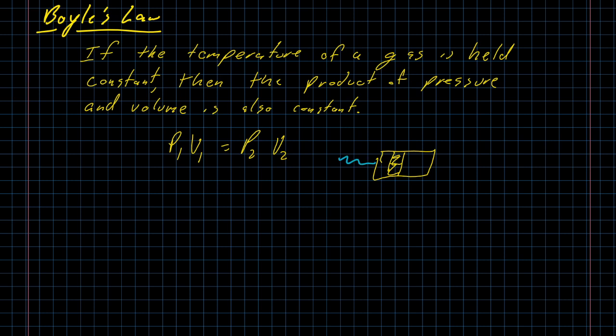But let's put that canister inside of an oil bath or a water bath that is kept at a constant temperature. Because the bath is kept at a constant temperature, any changes in temperature of the gas are transmitted into the bath, and then transmitted from there into the environment. So in essence, the temperature stays constant.